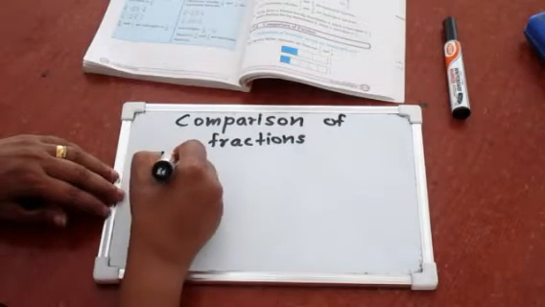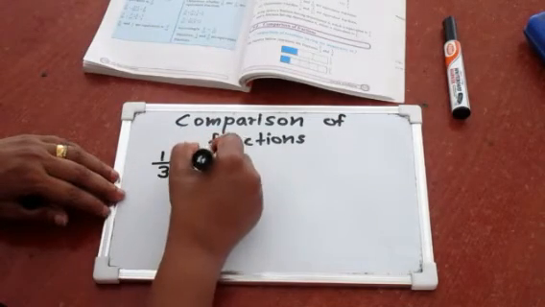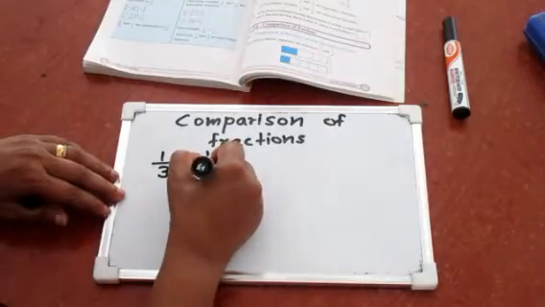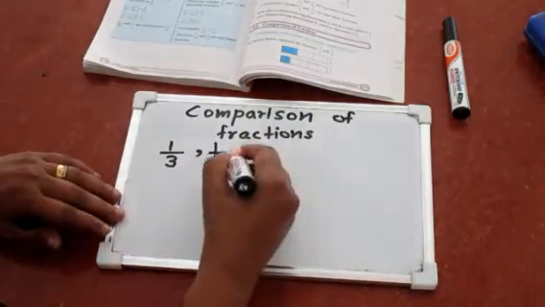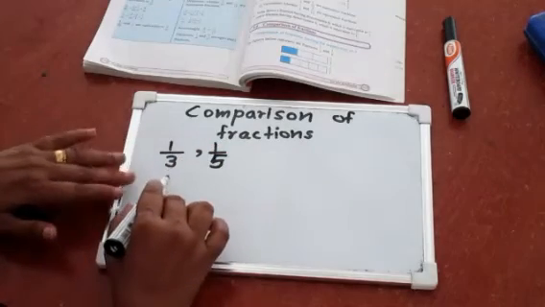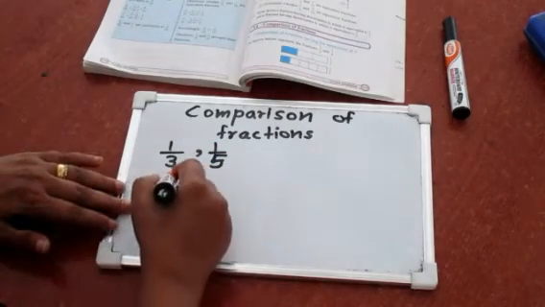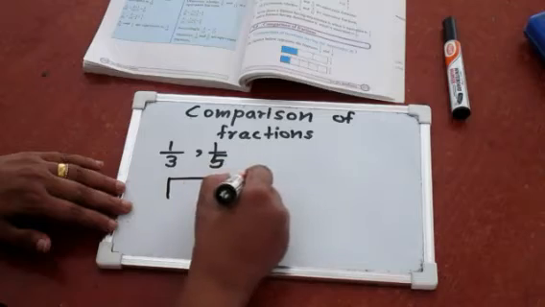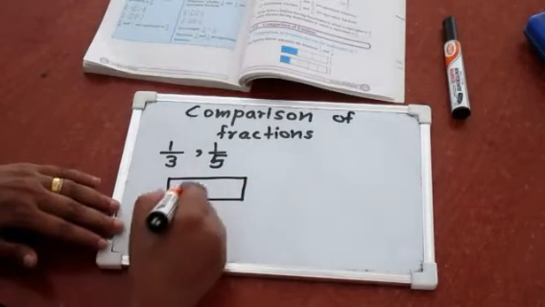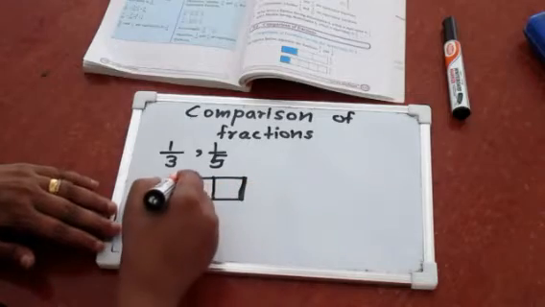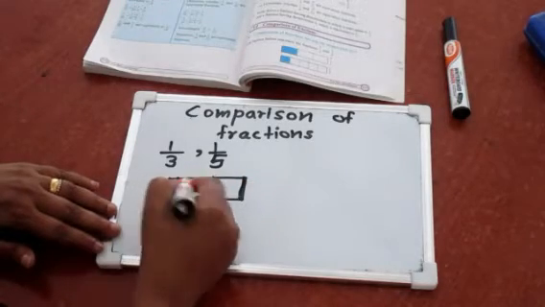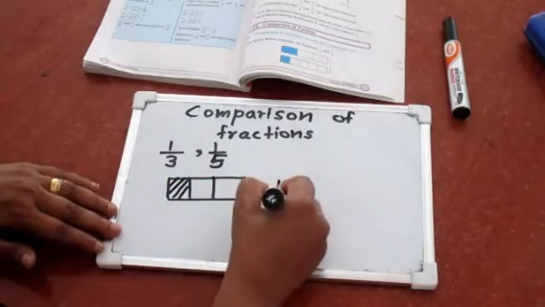Now see this example, 1 over 3 and 1 over 5. Using these figures, you can identify the largest fraction here. Represent 1/3 using a figure. Then 1/3 we can represent by coloring one part out of 3.